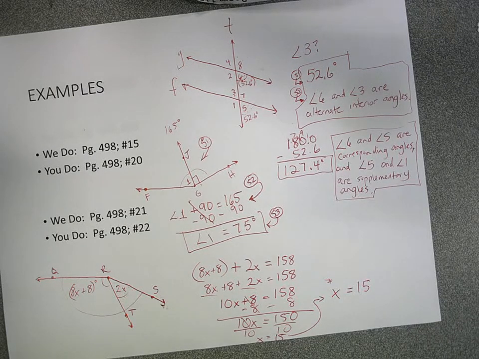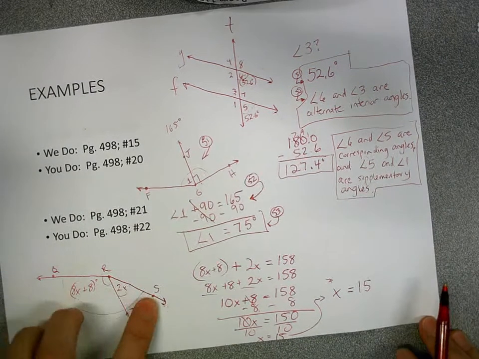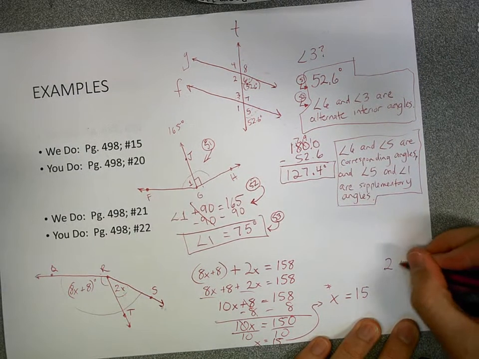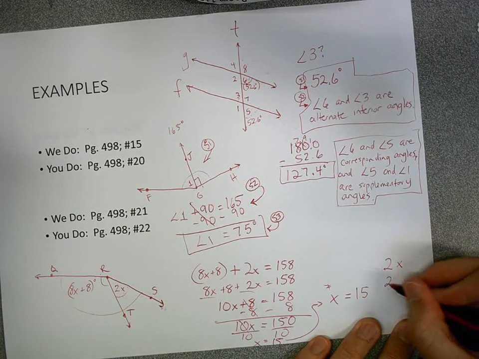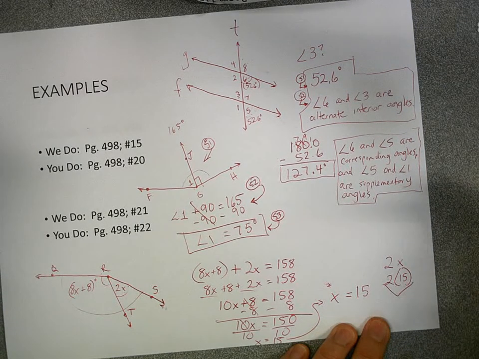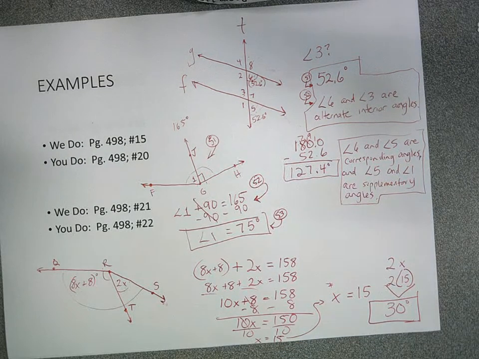Because the question says, find the measure of angle TRS. If you take a look at TRS, x is 15, but the angle is 2x. So realistically, what we've got is 2 times 15. So the angle measure of TRS is 30 degrees, and that's your final answer. So watch for that.